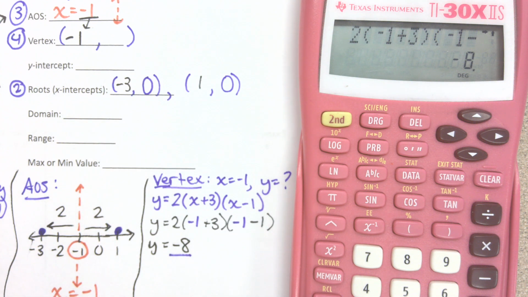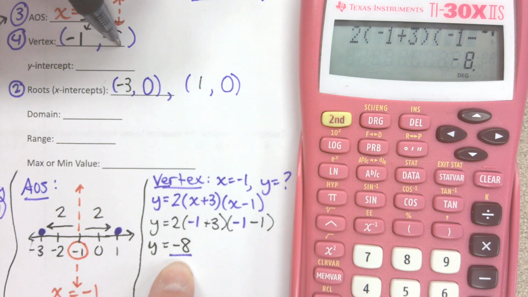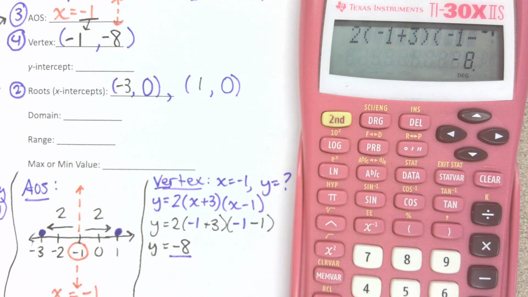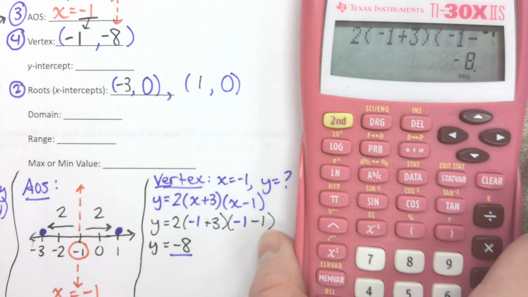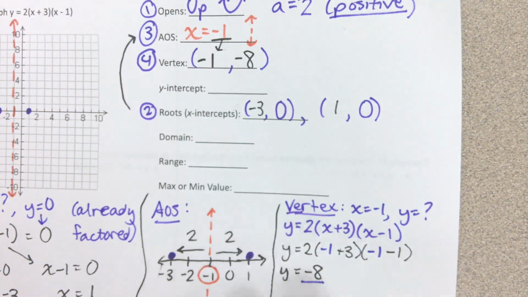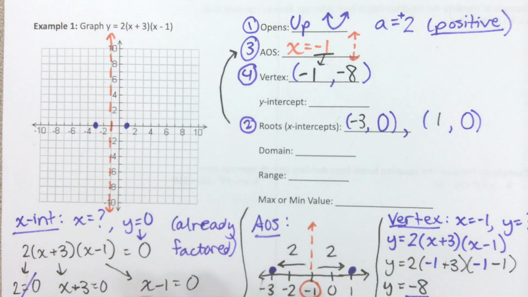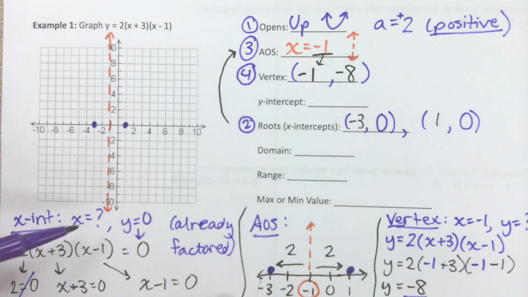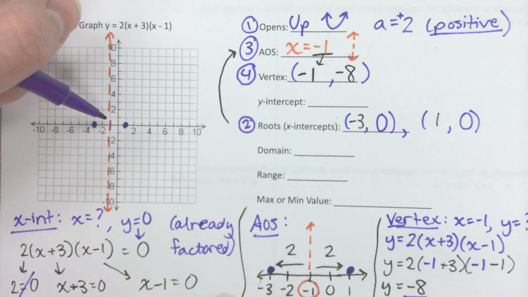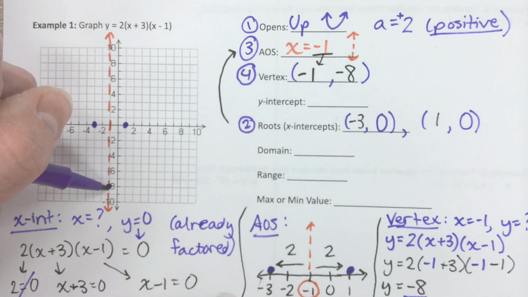So I'm going to come up to the vertex blank and put -8 in the second spot. That's the y value. Now let's graph that vertex. So on the axis of symmetry, we have -1 and then -8.